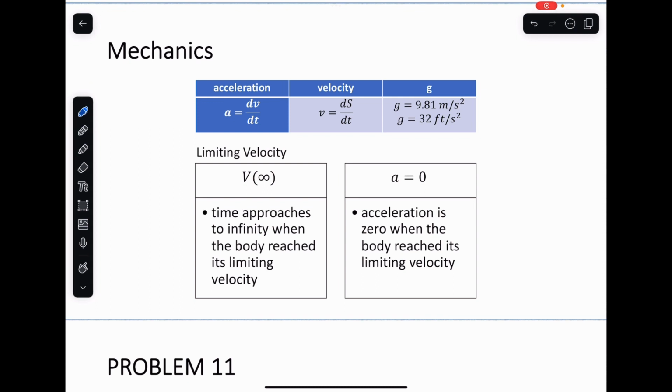The gravitational constant is 9.81 meters per second squared for the metric system, and for the English system, that's 32 feet per second squared. Take note that the limiting velocity is the maximum velocity, which can be achieved when time is equal to infinity, or when velocity is already constant, meaning it doesn't change anymore, and thus the acceleration becomes zero.